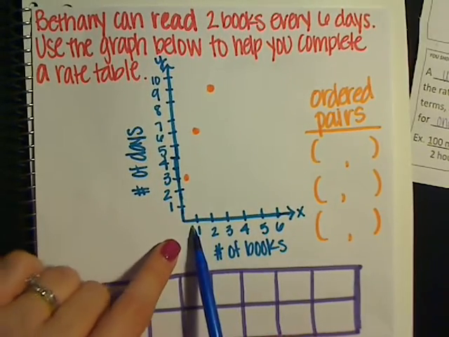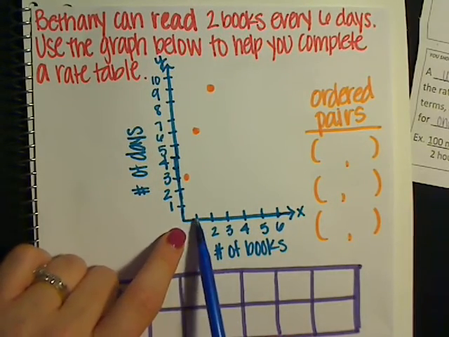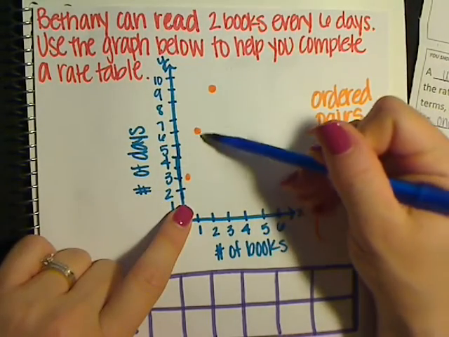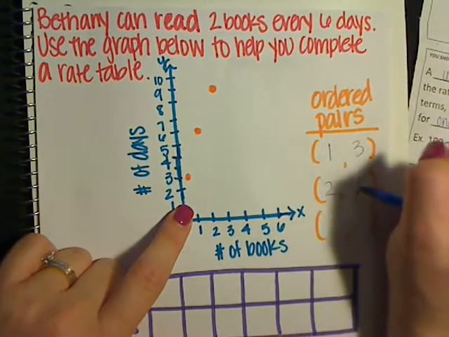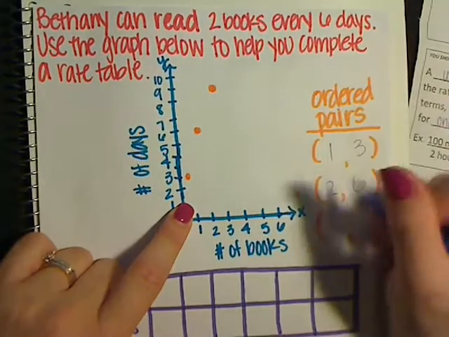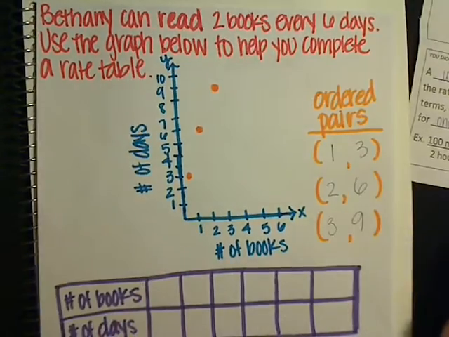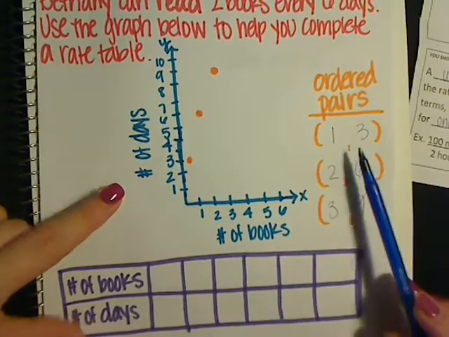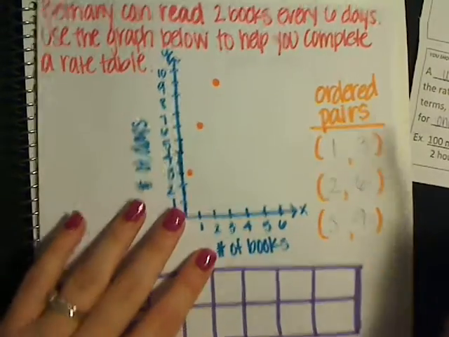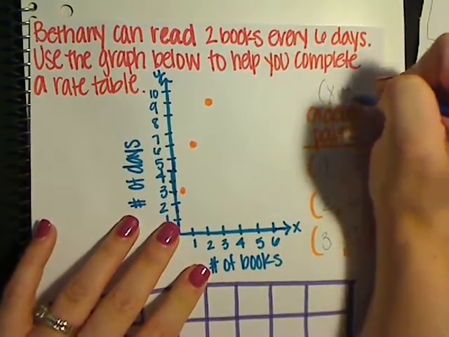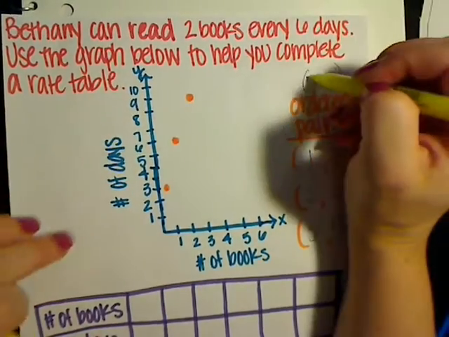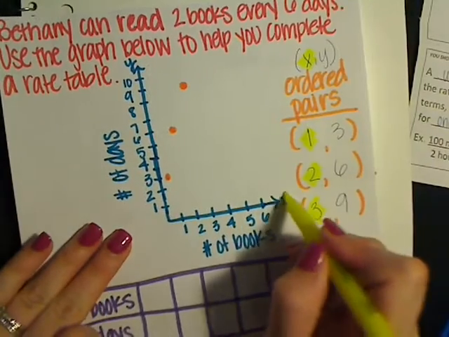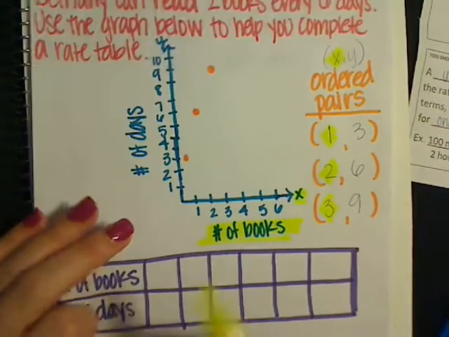So this ordered pair is 1, 3. This one is 2, 6. And this one is 3, 9. So 1, 3, 2, 6, 3, 9. So notice that our x values, remember ordered pair is x, y, all of these, 1, 2, and 3, came from the x-axis, which is number of books.